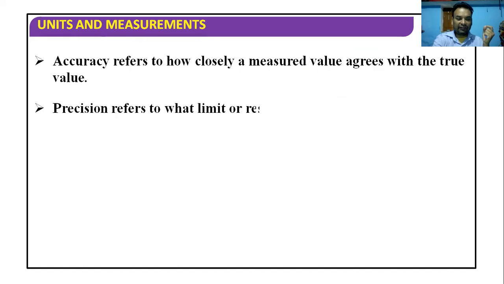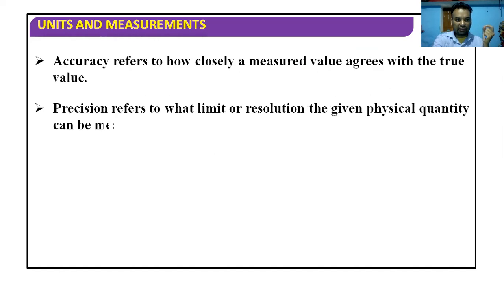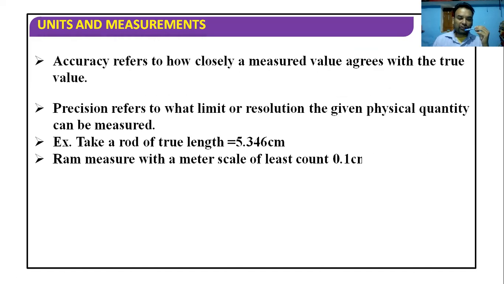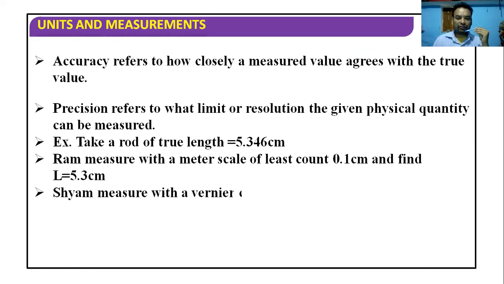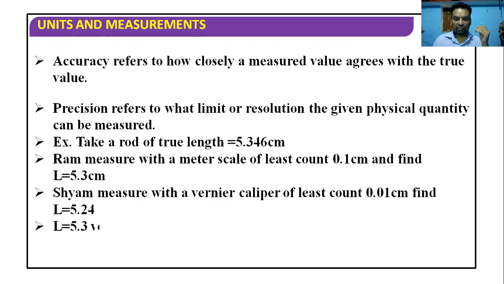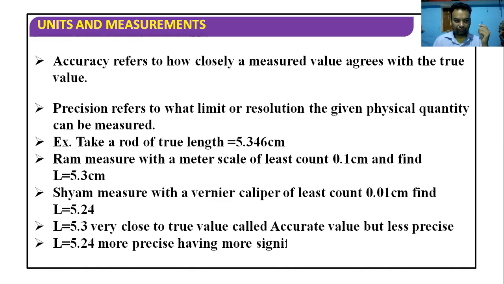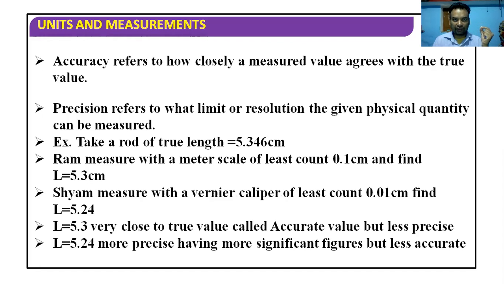Now, exactly what is the meaning of accuracy and precision? Let us go for that. First, accuracy refers to how closely a measured value agrees with the true value, because there is a true value for any physical quantity.